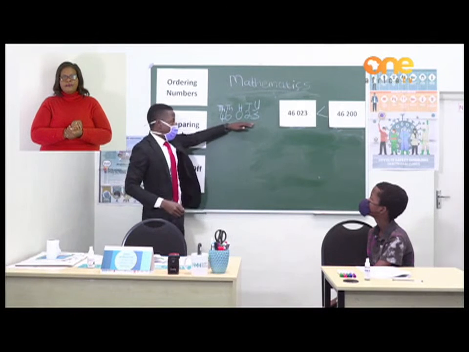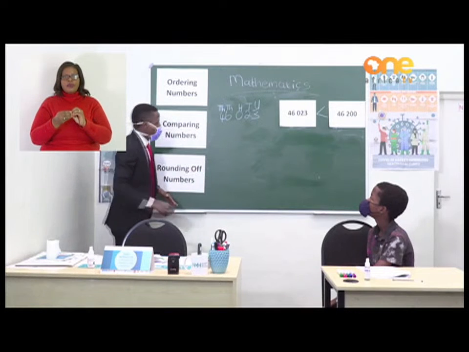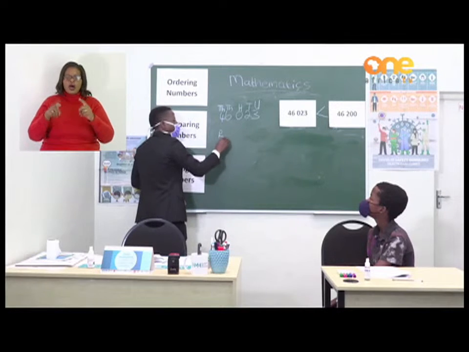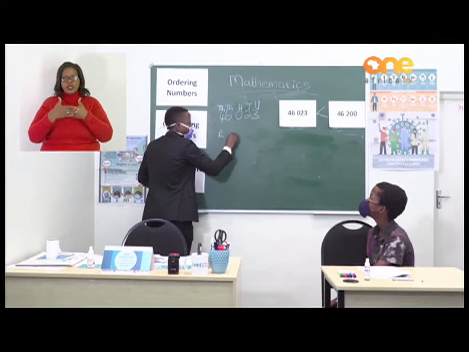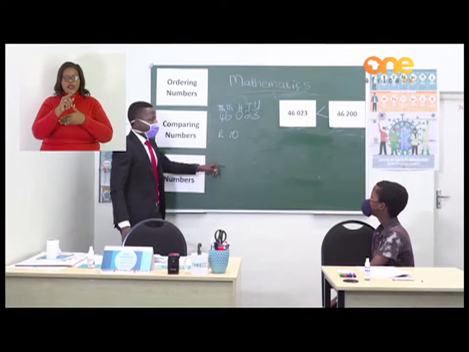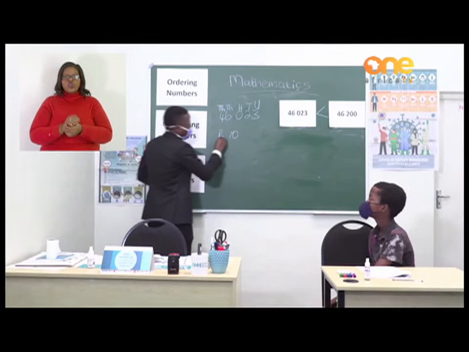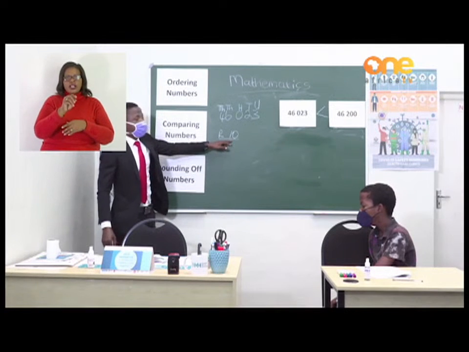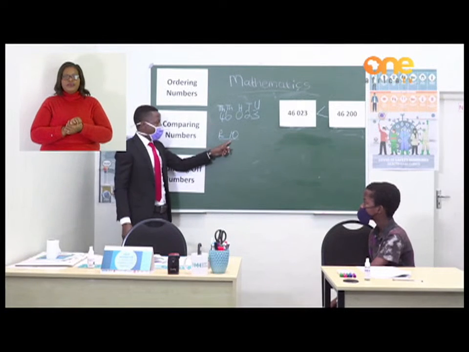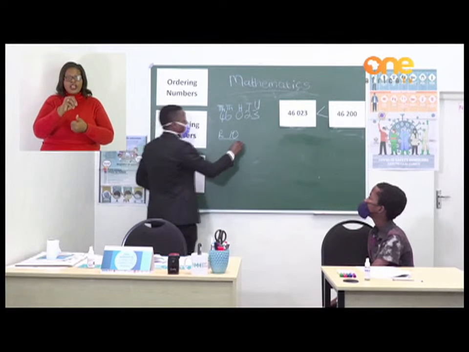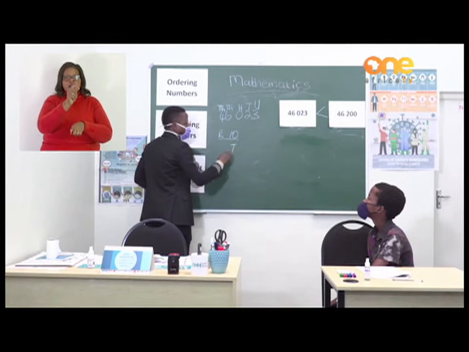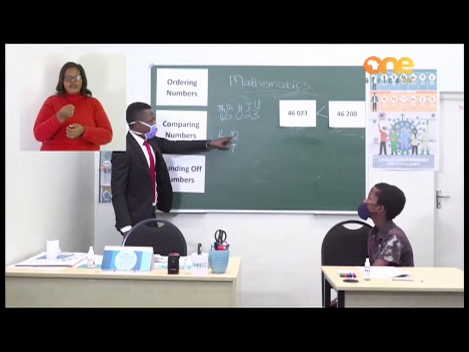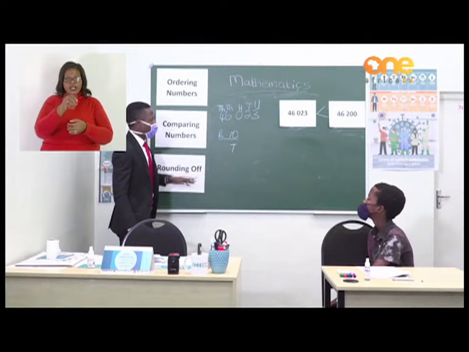If you look at these numbers, the question can come, round off the number to the nearest 10. Round off the number which you are given to the nearest 10. Remember, this 10 can also be tens, and that is the same thing.